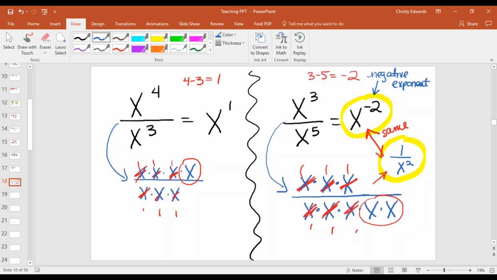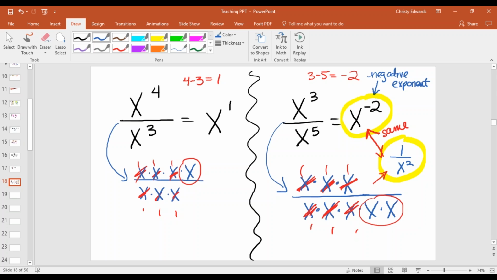So if you subtract 3 minus 5 and you get -2 and you put x to the power of -2, what that really means is x to the second power should be in the denominator.